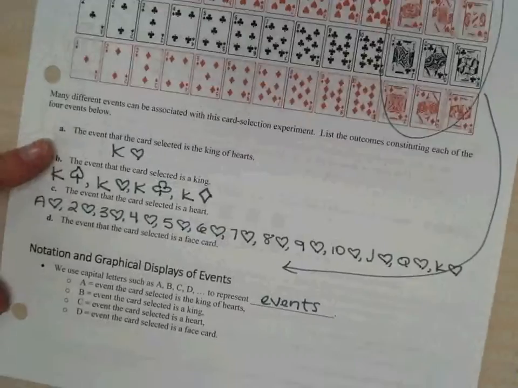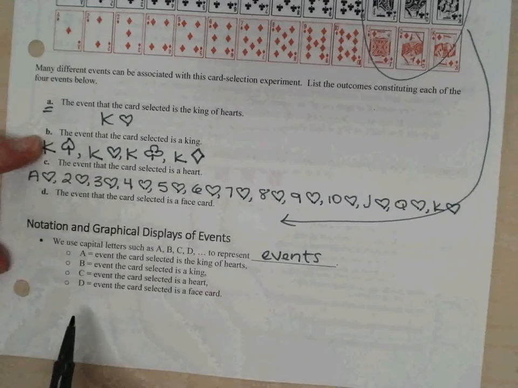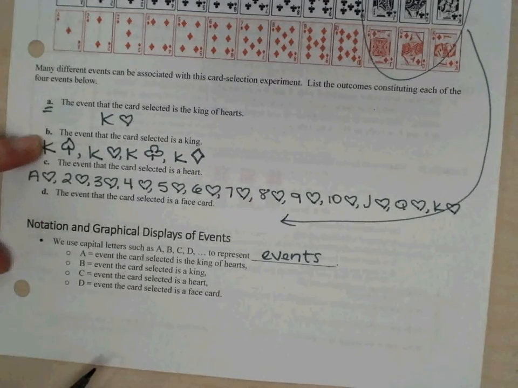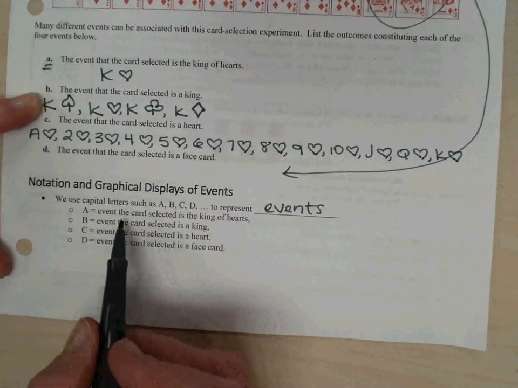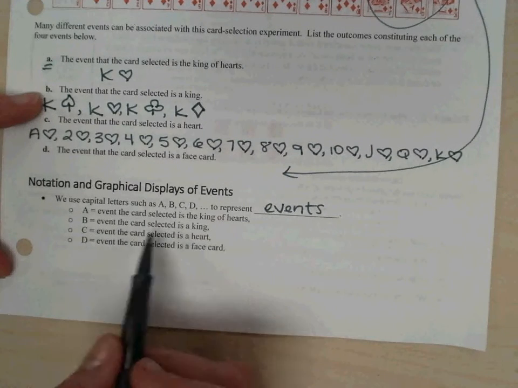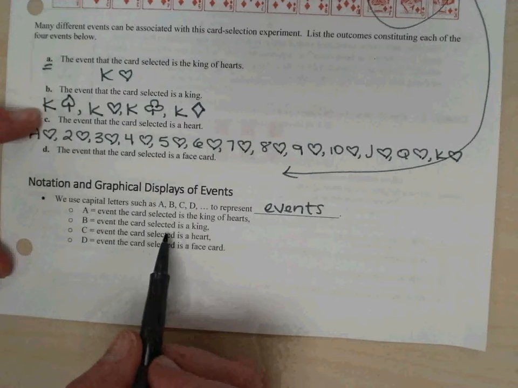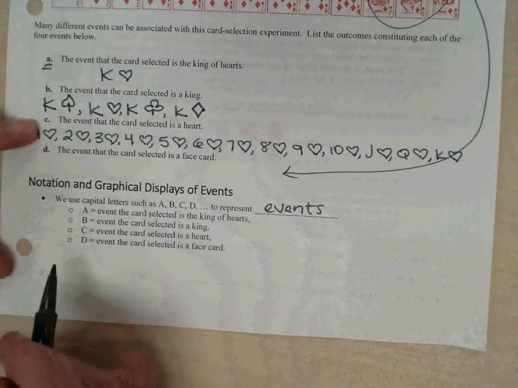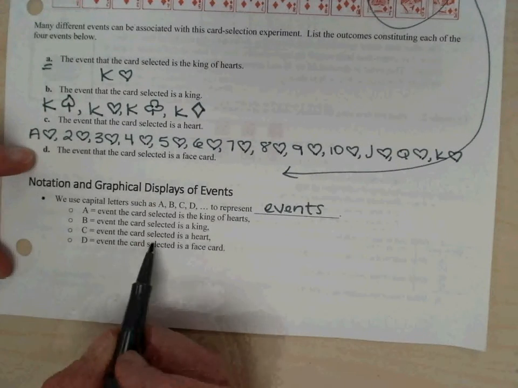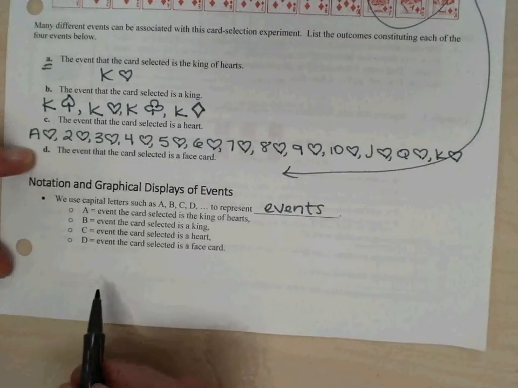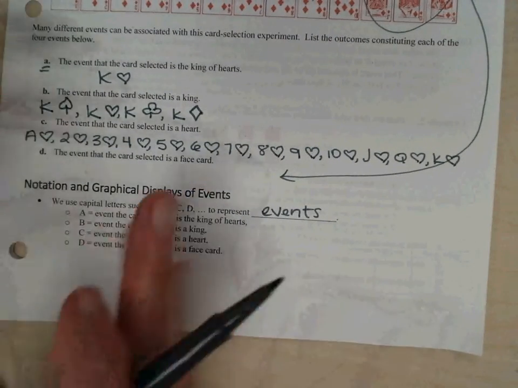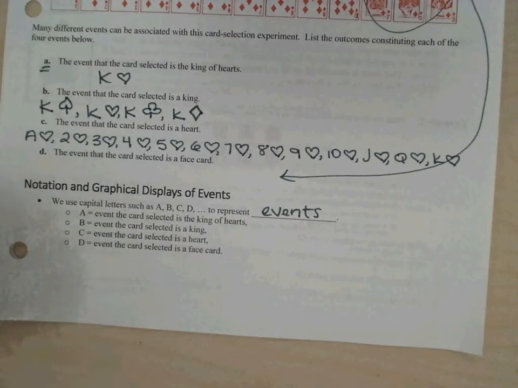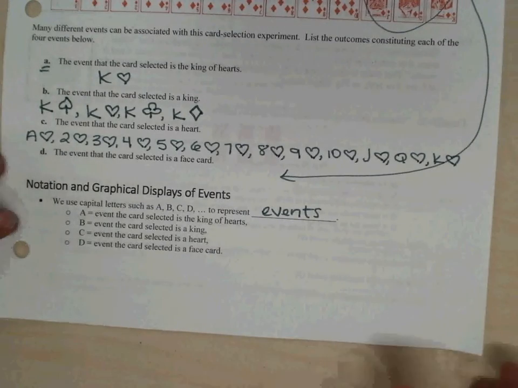So going back to our previous example, event A is the event the card selected is the King of Hearts. B is the event the card selected is a king. We listed those outcomes. C is the event the card selected is a heart, and so on. It simplifies things when you just have a capital letter versus all of these words to fit within our notation for probability that's coming.